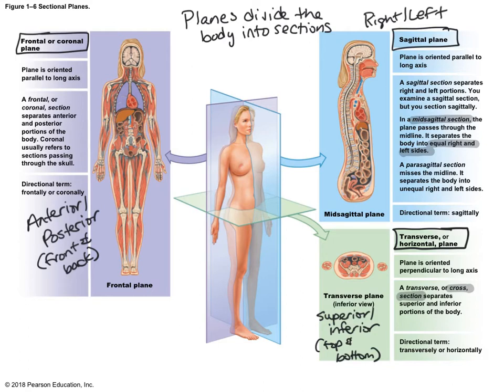A parasagittal section misses that midline area and it separates the body into right and left sides, but the right and left sides are unequal. These terms are important because in imaging, like in CAT scans and MRIs, they are going to be used to create slices through the body with imaging.